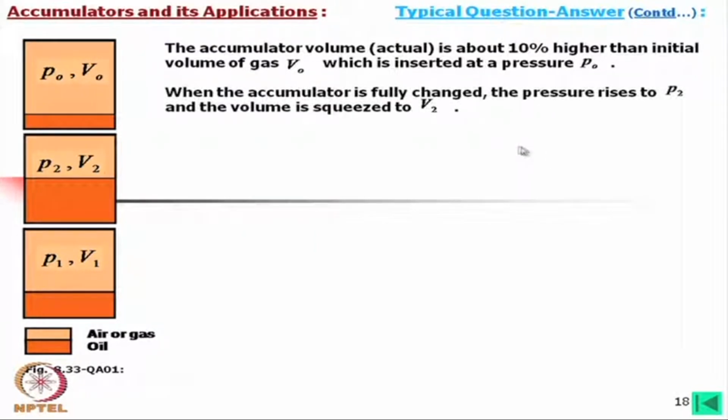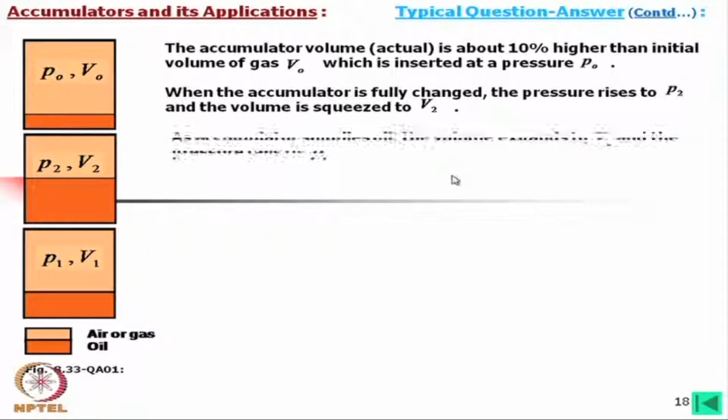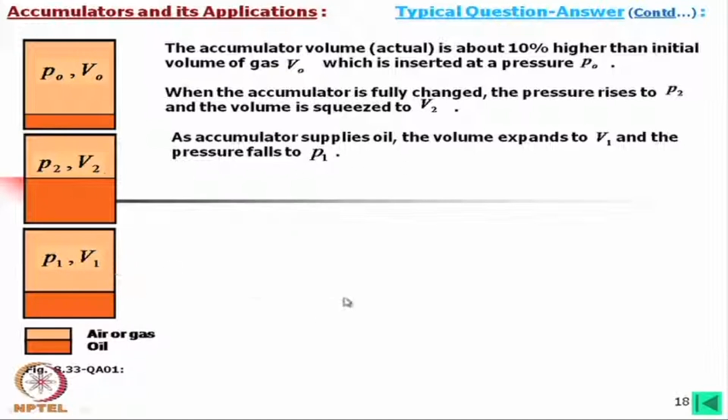And when the accumulator is fully charged, the pressure rises to P2 and the volume is squeezed to V2. When the accumulator supplies oil, the volume expands to V1 and the pressure falls to P1.